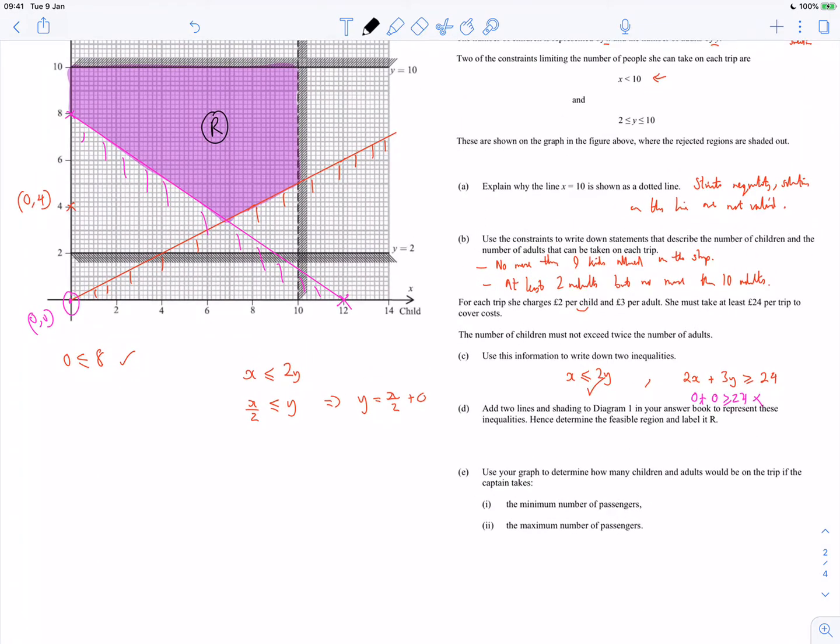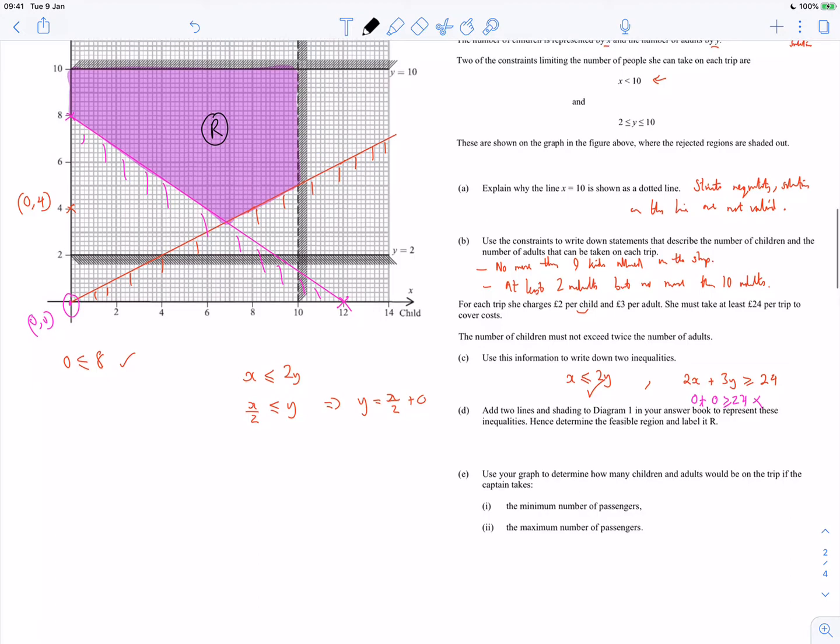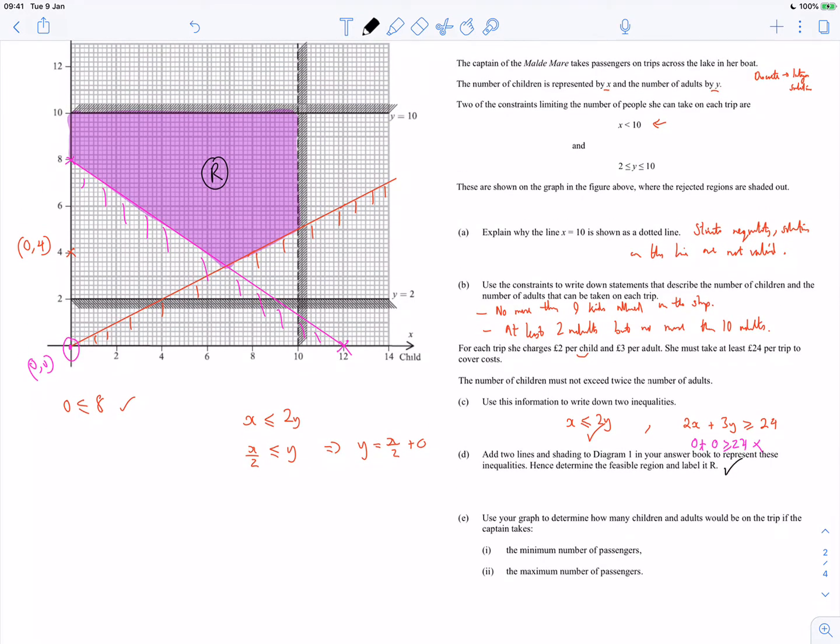So add 2 lines and shading to diagram 1, done that, hence determine the feasible region, labelled it R, yes, I've done that. Okay, use your graph to determine how many children and adults would be on the trip if the captain takes the minimum number of passengers and the maximum number of passengers.